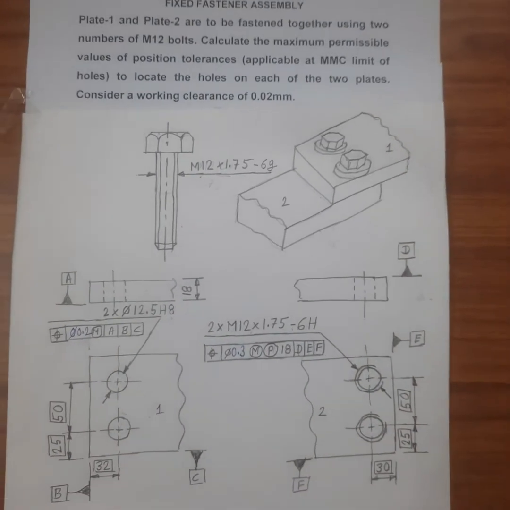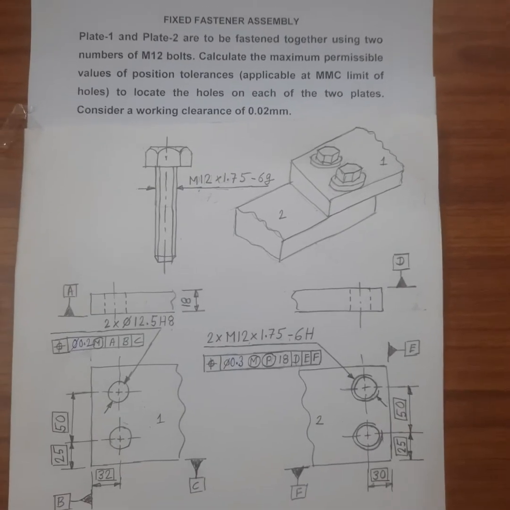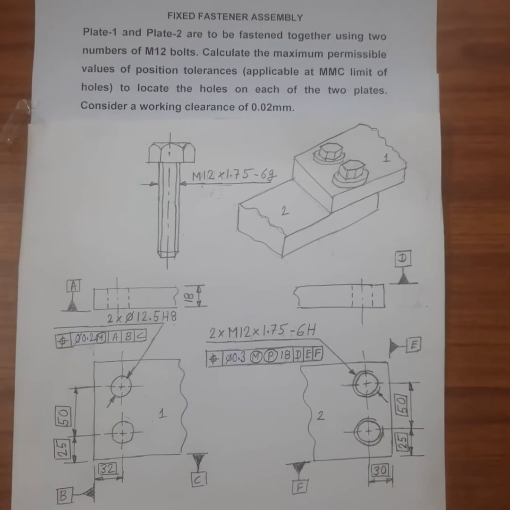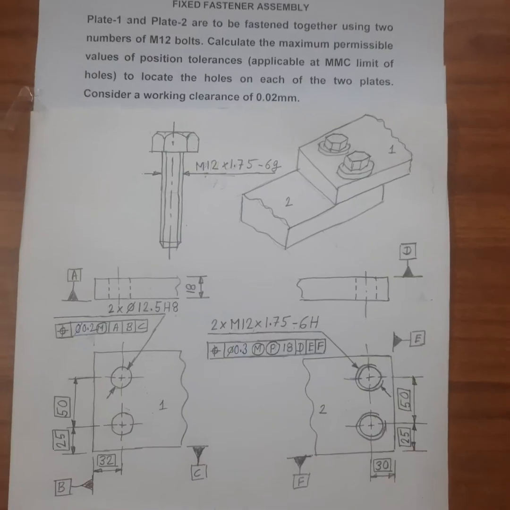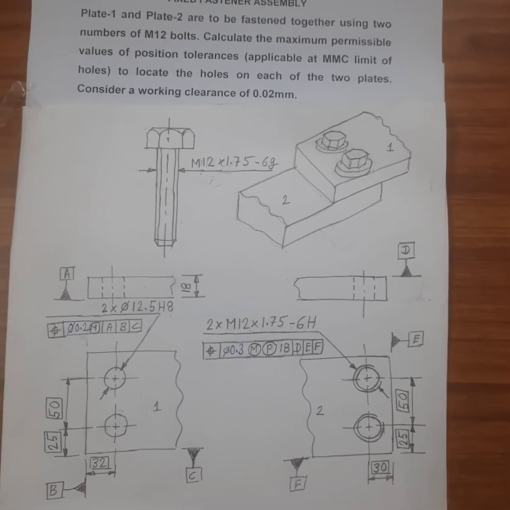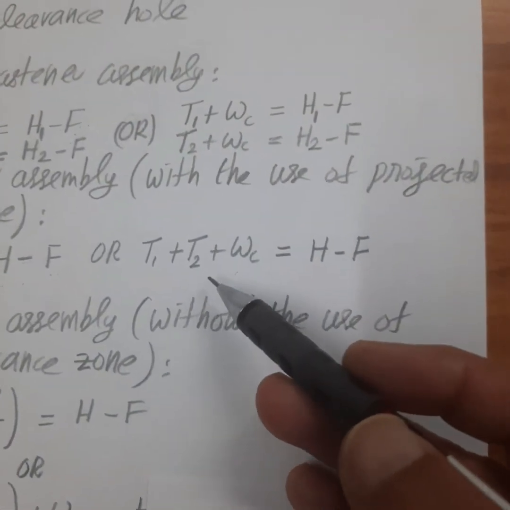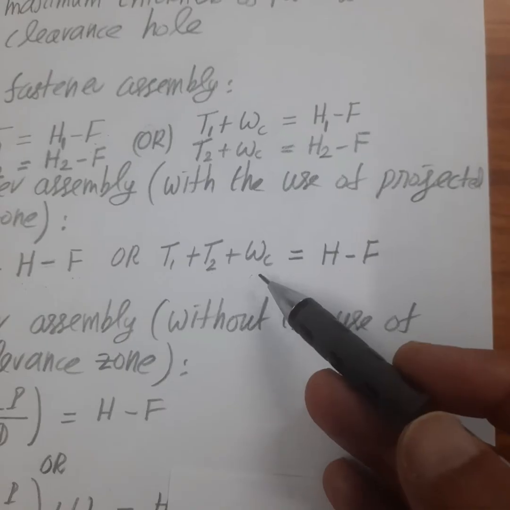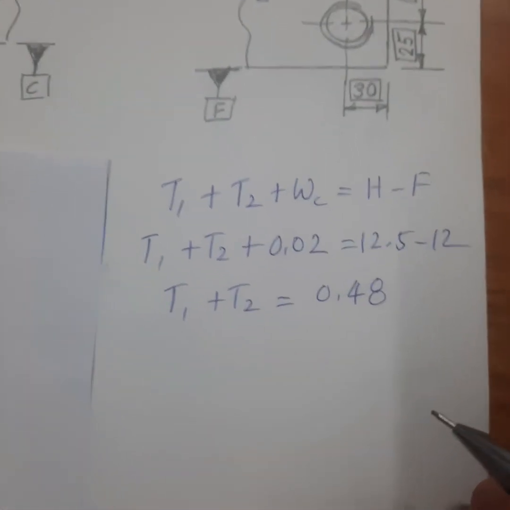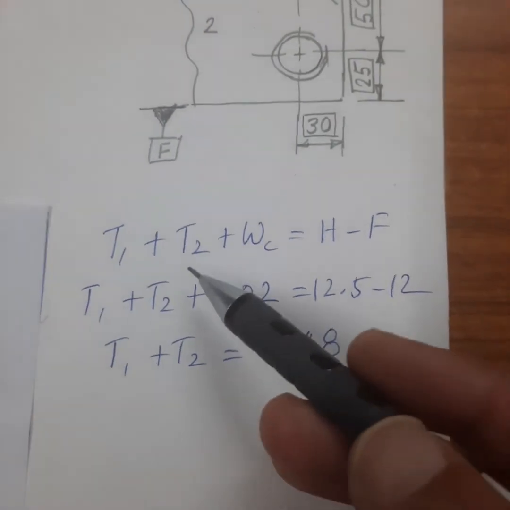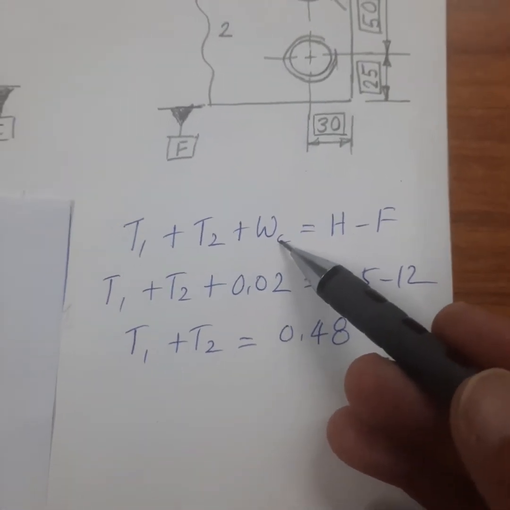For the same fixed fastener assembly problem, if you want to consider a working clearance of 0.02 mm, then the applicable formula is T1 plus T2 plus working clearance is equal to H minus F. So on applying this formula, we can find the value of T1 and T2.